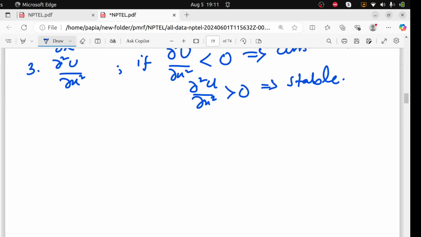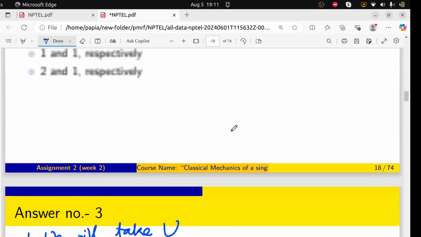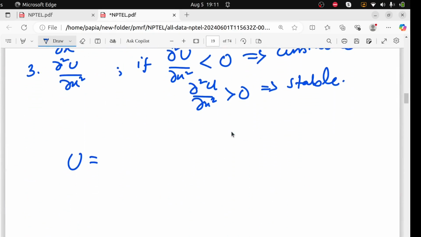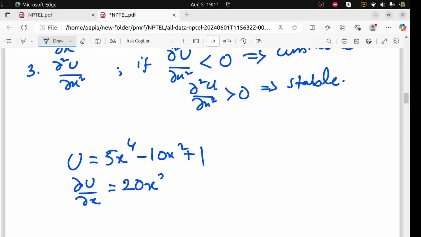Okay, fine. Now our U was what? It was written here that U is 5x to the power 4 minus 10x square plus 1. So we will first calculate del U del x. It is 20x cube minus 20x.